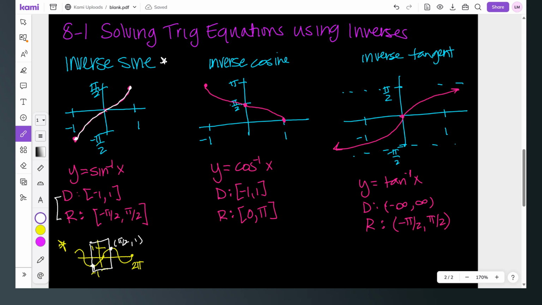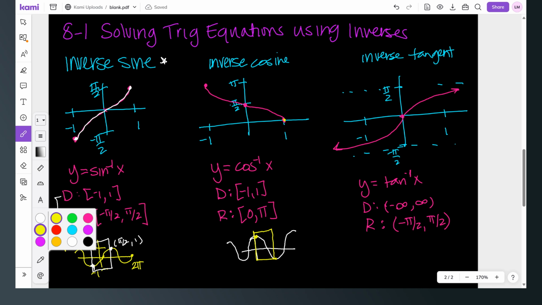So inverse cosine, same idea, has to pass the horizontal line test. Remember, cosine starts at 1 and then goes down to -1. So our restriction on this one is between 0 and pi. So cosine at 0 is 1, so you can see that here, 1, 0.